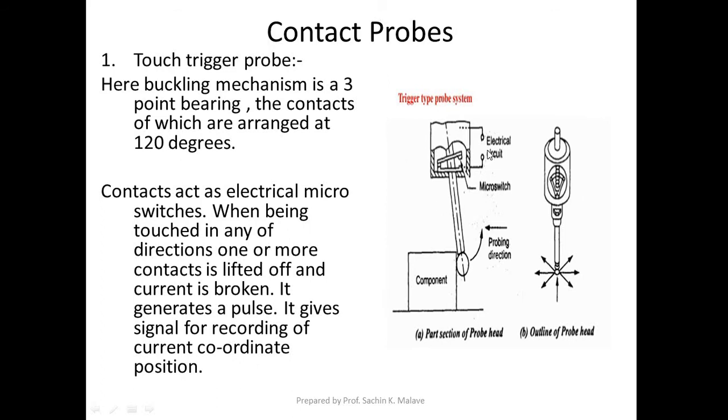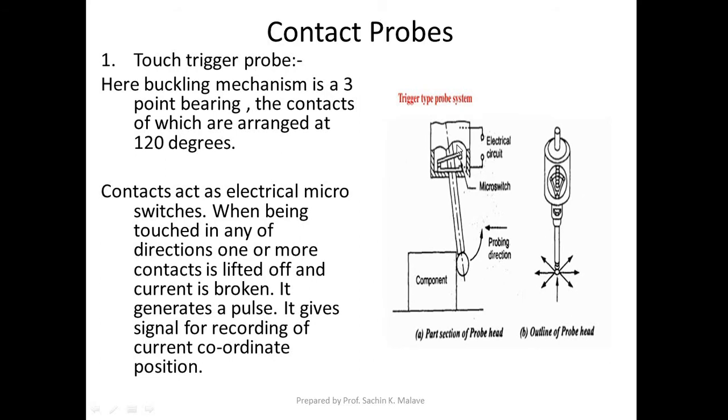So as a pulse is generated, a signal is provided to the probe, and the probe will start recording. It will record the current coordinate position of this particular location. At this location, whatever the coordinates in x, y, z direction, all those coordinates will be recorded.